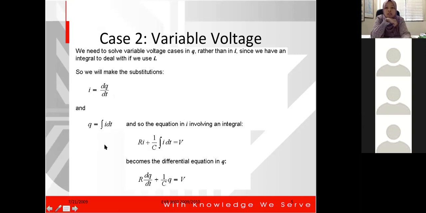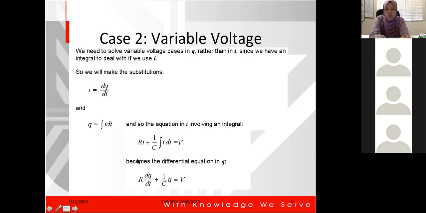Okay, so the equation bila dah buat equation, basically guna differential equation yang belajar dalam matematik 2, you will get this equation. Okay, Ri plus 1 over C ni sama tadi. VR plus VC is equal to V sama. Tapi now you have to substitute I with dq dt kan?